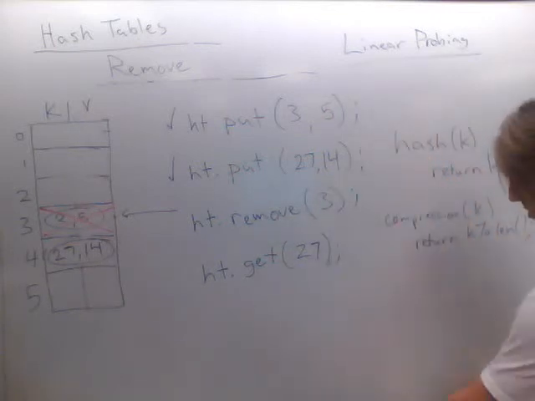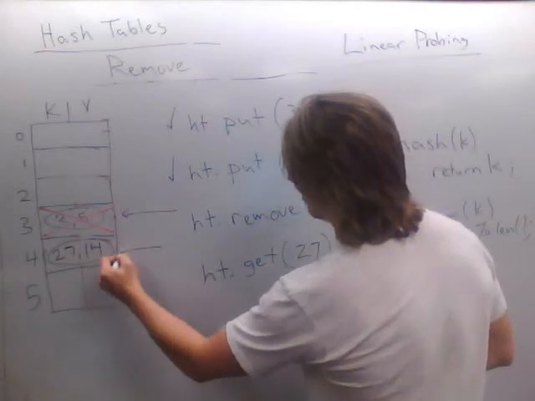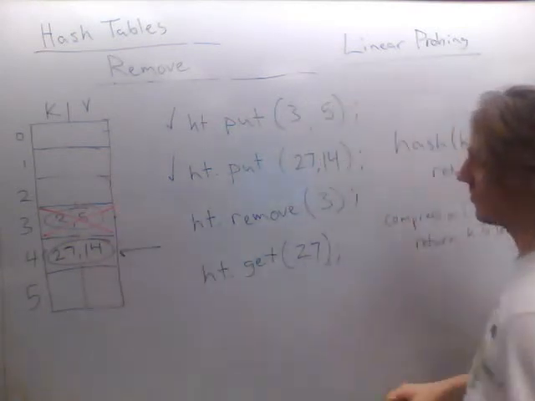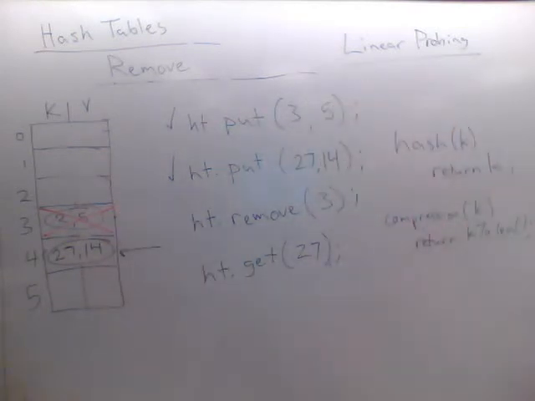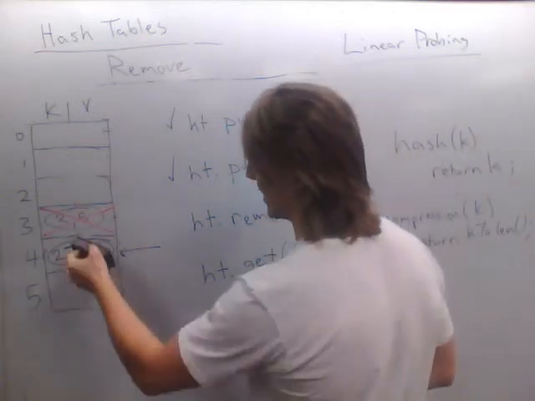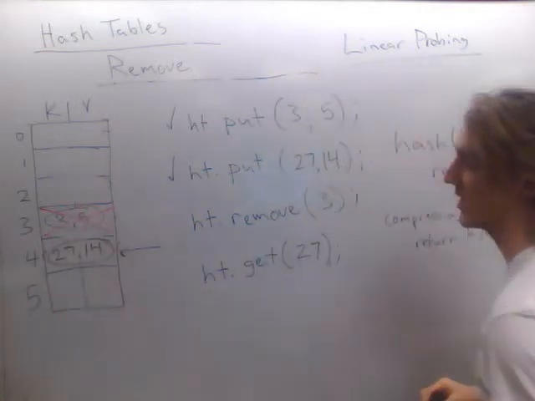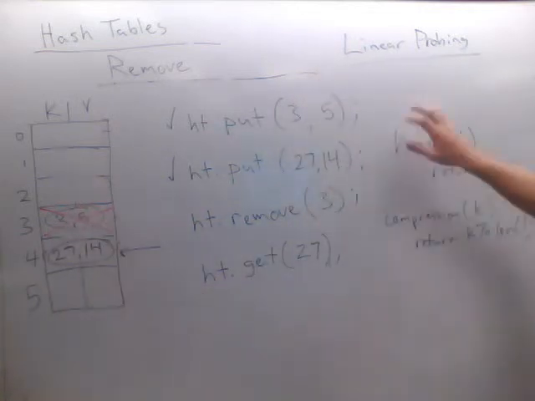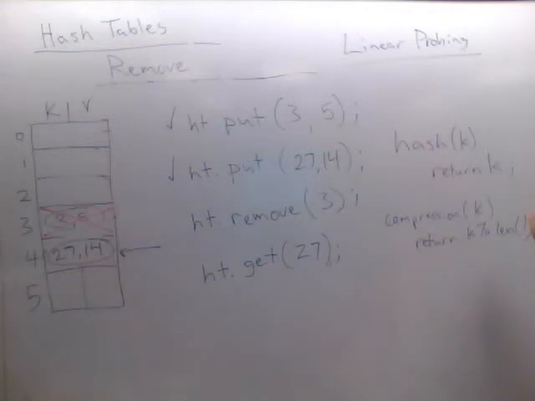So now I look here, and I find key 27. Good. So make sure that when you're removing in actual code implementations, don't actually make this entry null. You want to mark it invalid, and that's true for probing techniques.